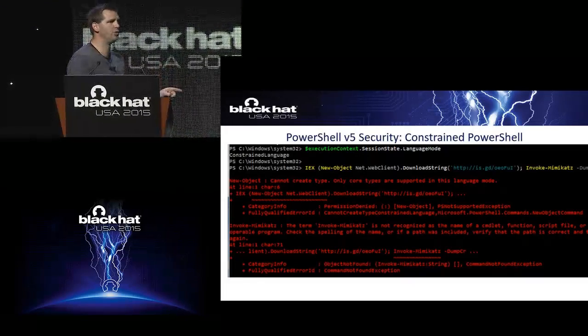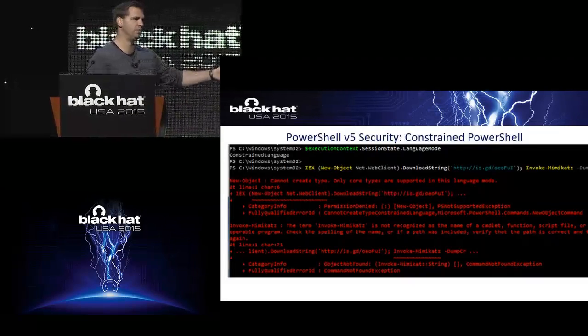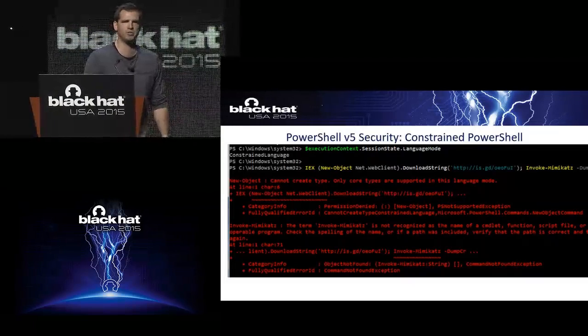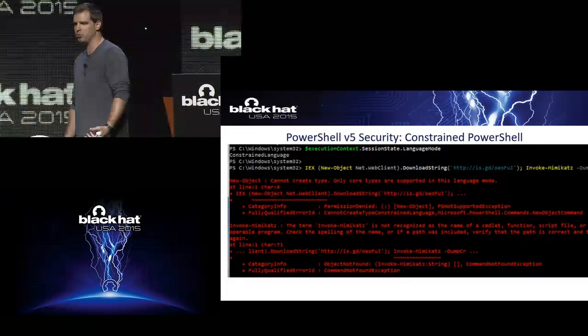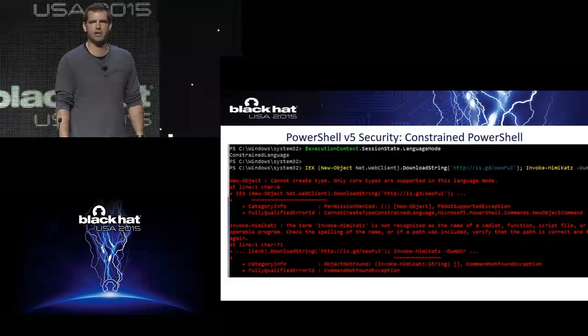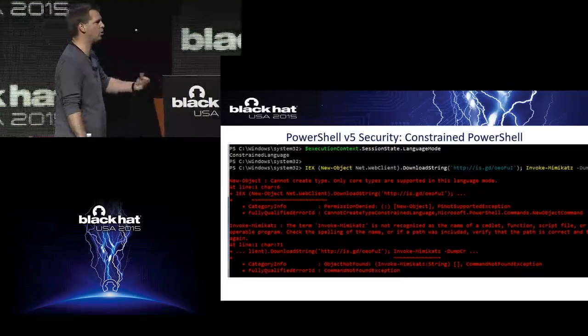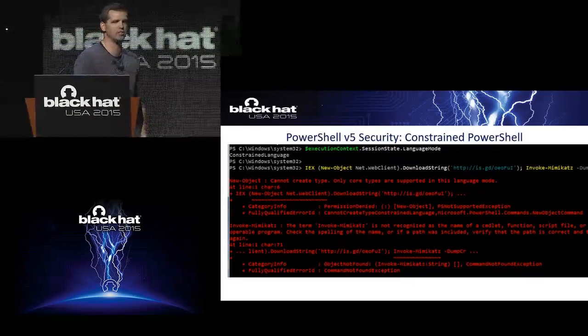But the important note is that if we have PowerShell v5 in our environment, which has been backported or fully supported in Windows 7 and 2008 R2 at some point, we can enable AppLocker in allow mode, which automatically sets PowerShell to constrained mode with PowerShell v5. So this means that these advanced attacks don't work like they usually do, because they leverage the more advanced functionality of PowerShell.